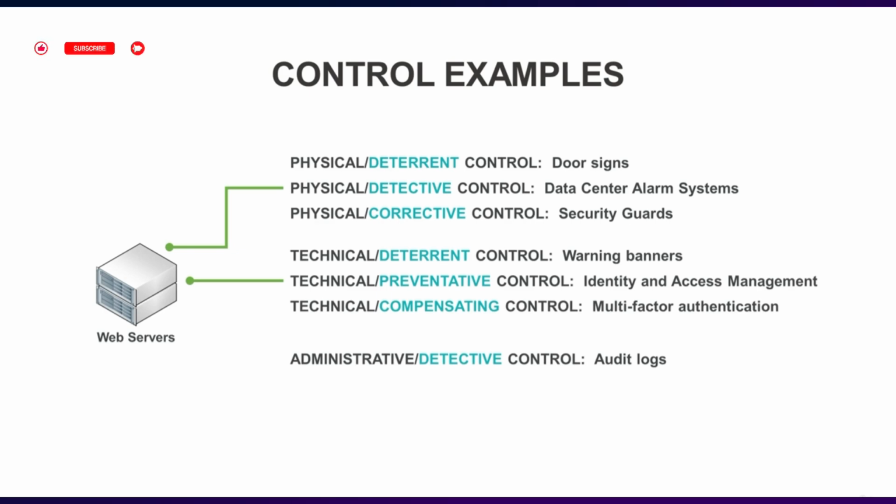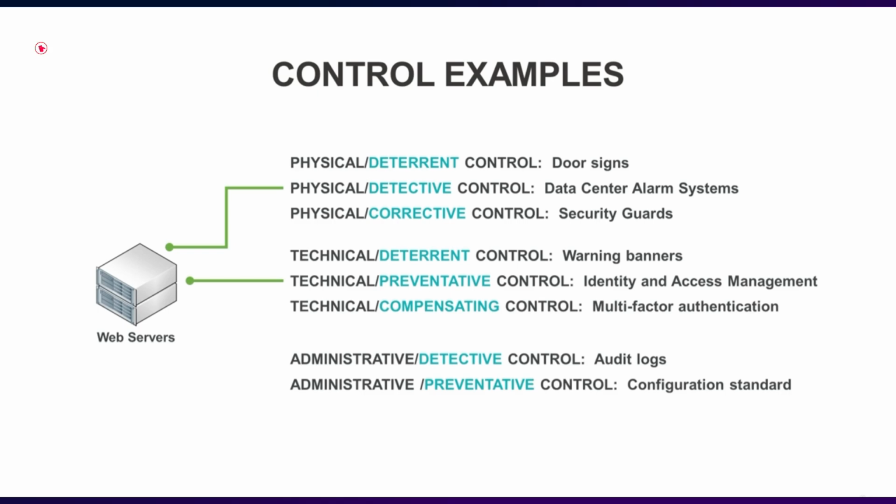But audit log review is mainly an administrative process, so let's call it an administrative detective control for these purposes. Then we would have an administrative preventive control, which means we would have a configuration standard of how that web server is configured to capture audit logs, to implement our multi-factor authentication, to implement our identity and access management, to configure our warning banners.